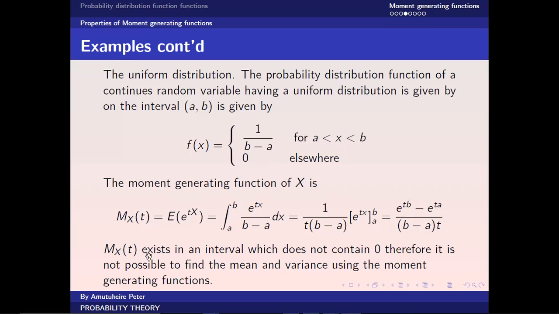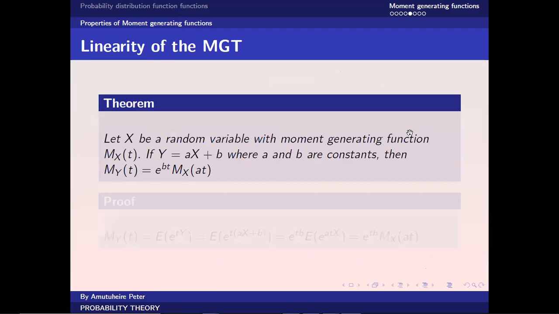But the moment generating function only exists in an interval containing 0. So this one cannot give us the moment generating function. Why? Because this interval does not contain 0. Therefore, it is not possible to find the mean and variance using the moments because this interval does not contain 0.